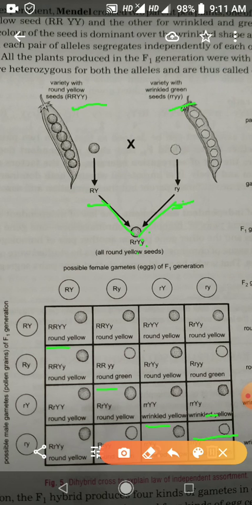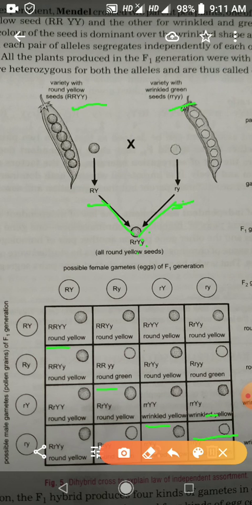If we are counting on the basis of the phenotype, round yellow are 9, green round 3, yellow wrinkled 3, and green wrinkled 1.